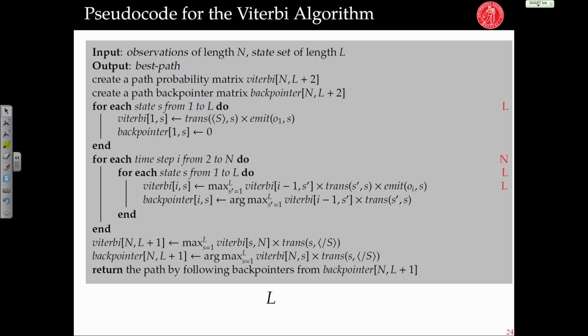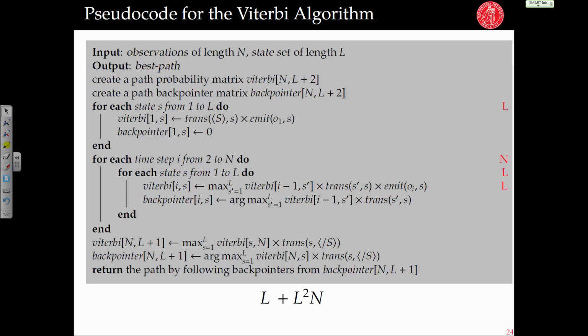And we have another L here, because remember that we are maximizing. We're looking for the argmax, the maximum, which is also a search problem. Even though it's not written as a loop, the argmax is actually a loop.